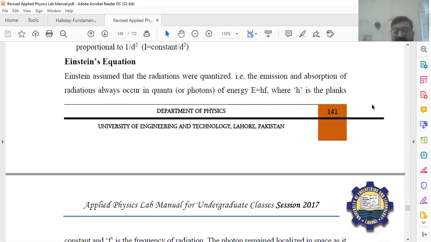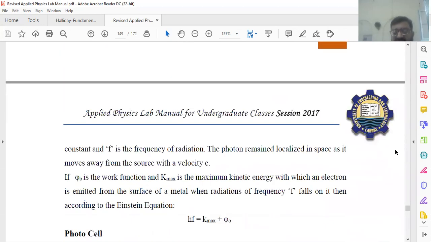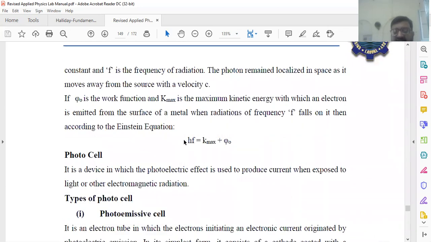This concept was given by Einstein, and he also calculated the energy and provided the famous equation of the photoelectric effect. It means the incident energy, hf, will be used against the material's work function to eject the electron.